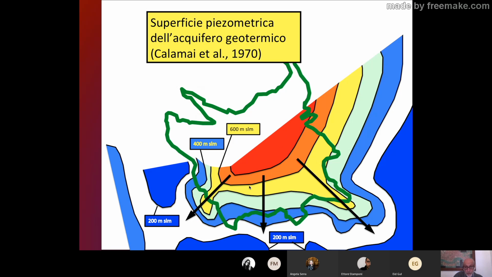This is the hydraulic head before exploitation in the geothermal system and how the recharge goes from the Amiata volcano into the geothermal system. Of course, I have drawn this arrow, but these arrows are actually flexed downward. So from this area, the water goes down to about 5 kilometers and then rises up into the geothermal fields.